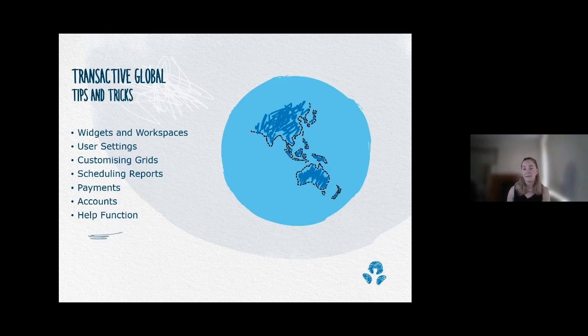And in accounts, I'll talk to you about how to create account folders, and I'll take you through the help function where I'll show you about ANZ Digital Key, Transactive Mobile, our status page, and how to register for the next webinar that's coming up. So I'll just turn off my camera and I'll switch to the full screen mode now.